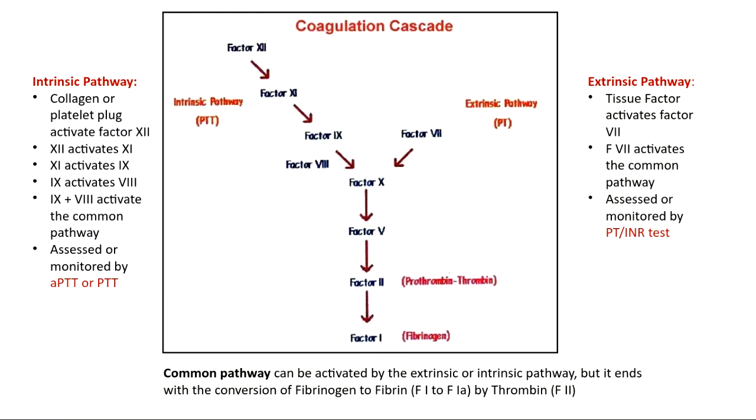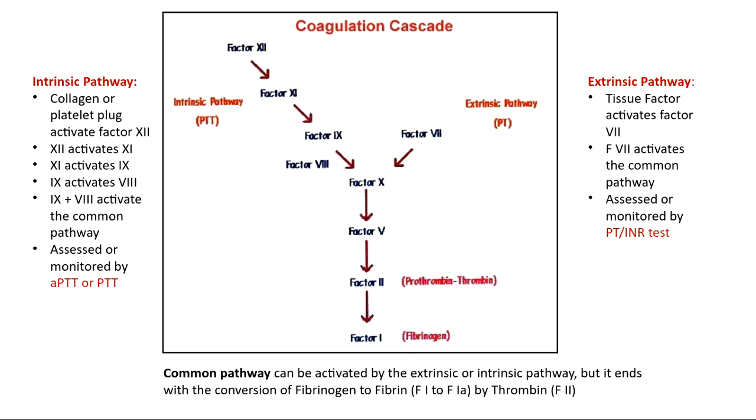We call it the common pathway when we start with 10, because if you look at the extrinsic pathway, we have tissue factor. Tissue factor will activate factor 7. Activated factor 7 will activate the common pathway, that is 10. Then 10 will activate 5. 5 will activate 2. 2 will activate 1, and 1 will become fibrin.